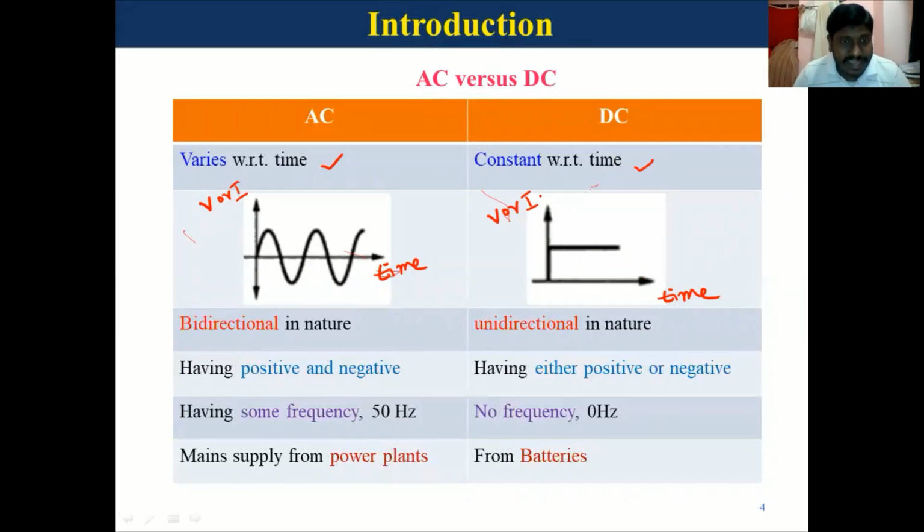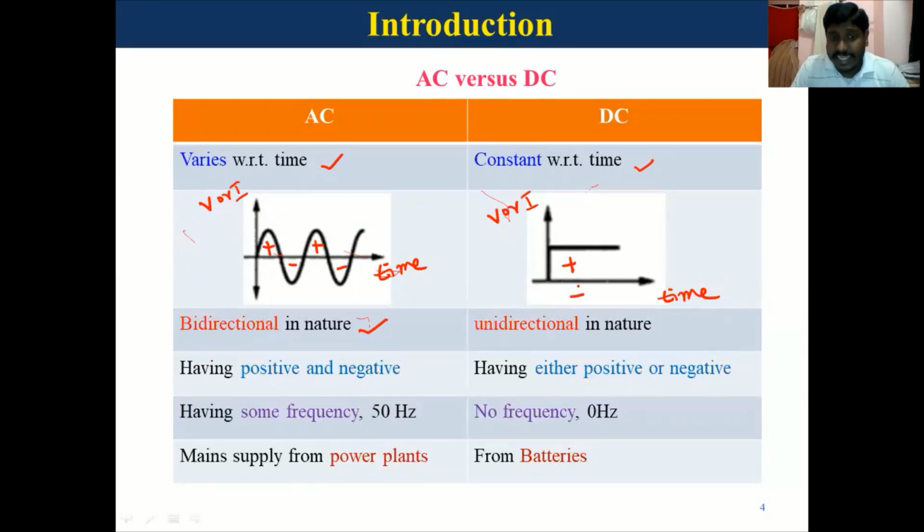So if you clearly observe the AC signal, this AC consists of both positive and negative, and this positive and negative alternatively change. That's why the AC signal is bidirectional in nature. Whereas on the other side, DC, if you observe, is either positive or negative, that depends.